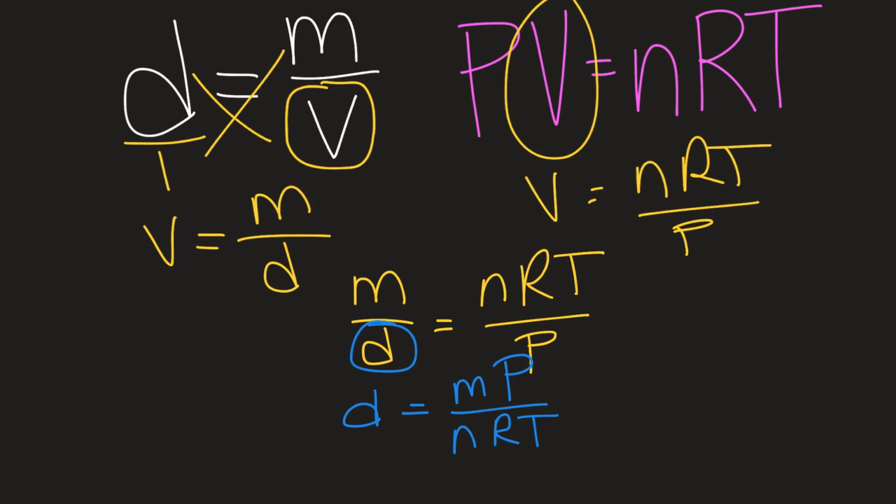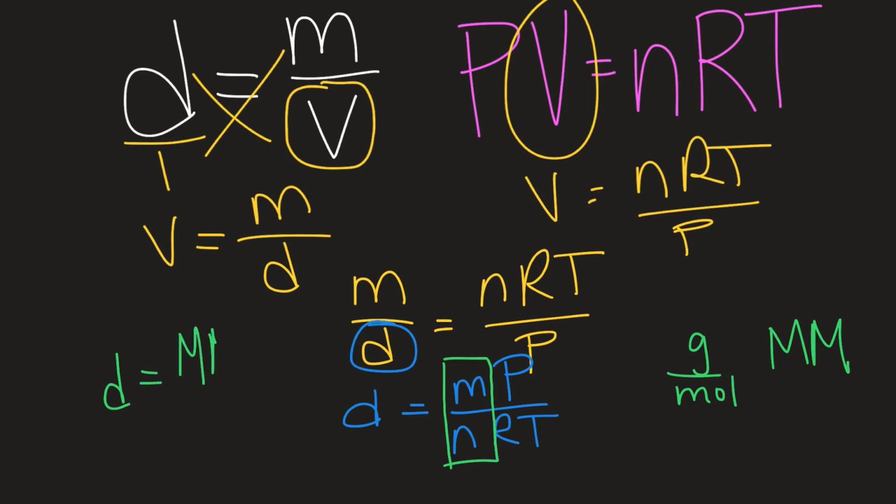And then let me just draw your attention to one more thing here. M over n should look pretty familiar to you. M over n, the units would be grams over moles. Hey, those are the units for molar mass, right? So one other way to write this equation would be density is equal to the molar mass of the gas.